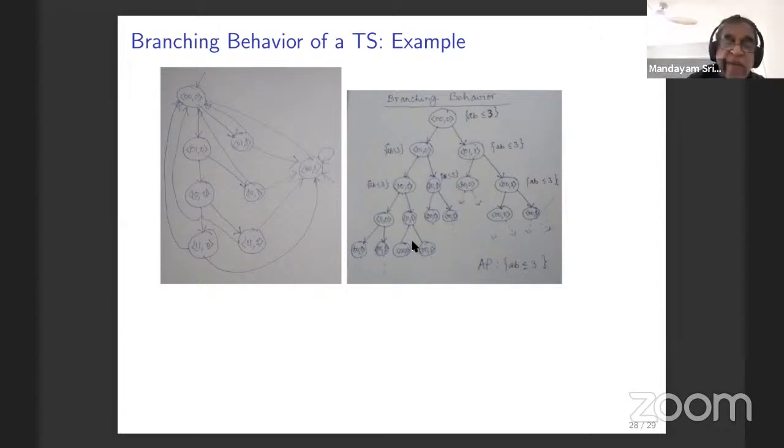The logic that we'll be defining for specifying these properties will be a certain special kind of temporal logic. Later in the course, we'll also look at ways of constraining the behavior by using a special kind of automata. Okay.